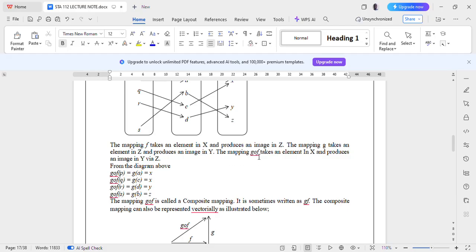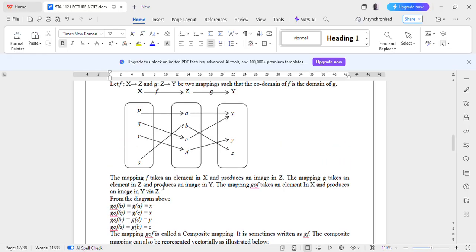The mapping g of f takes an element in x and produces an image in y via z. Look at p. g of a is equal to x. So the image of p in z is a, and the image of p in y is x through a.